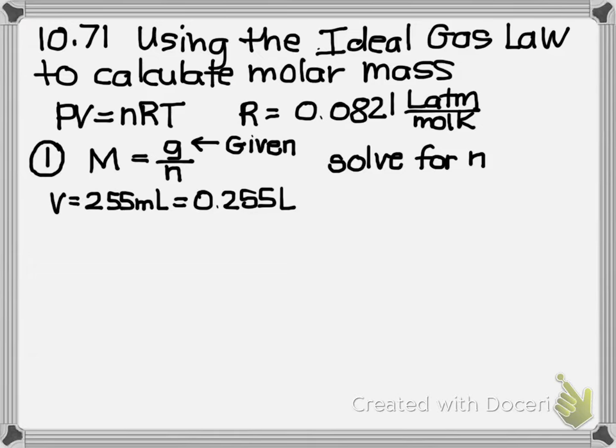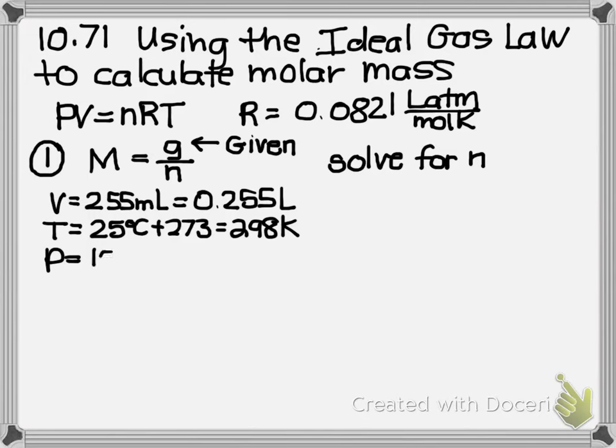And a temperature of 25 degrees Celsius. So the temperature is 25 degrees Celsius and I have to work in Kelvin. And then it gives me a pressure of 10 torr. Now I'm going to have to use atmospheres.